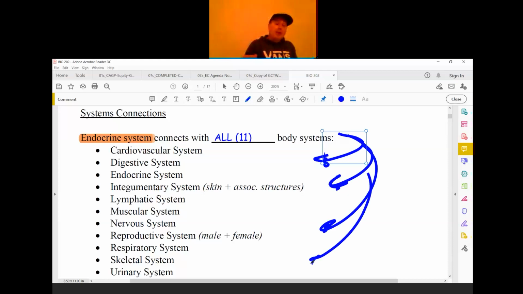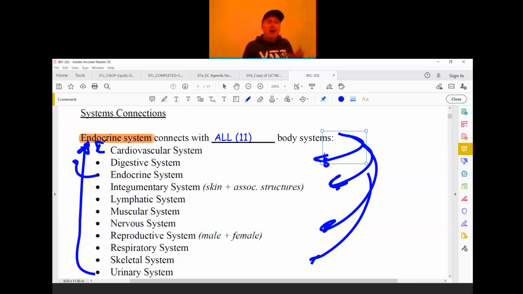But it's also a two-way track, that different systems that we'll have a look at will have an effect on the endocrine system. So it really goes back and forth. So there's not really separation between the two.